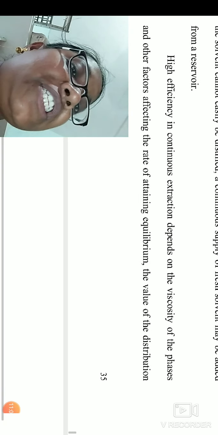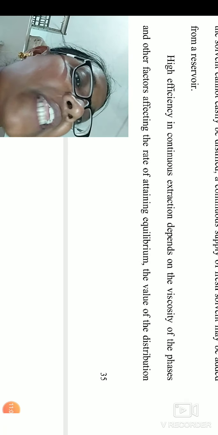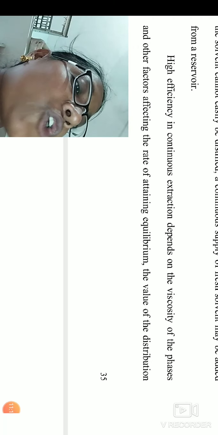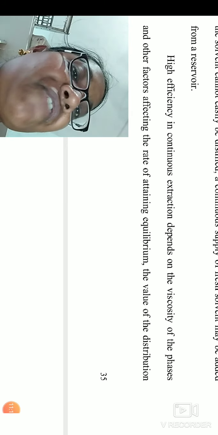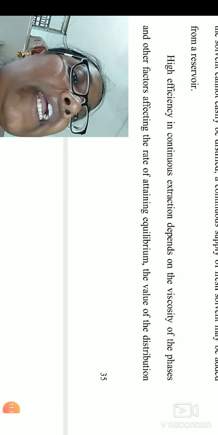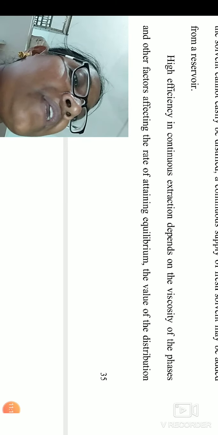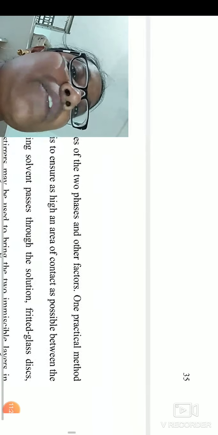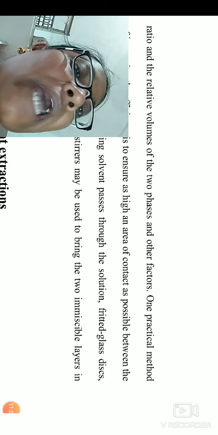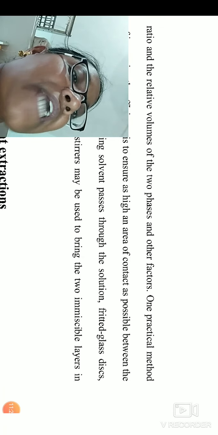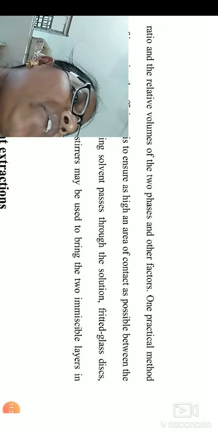High efficiency in a continuous extraction depends on the viscosity of the phases and other factors affecting the rate of attaining equilibrium, the value of the distribution ratio, and the relative volumes of the two phases and other factors.